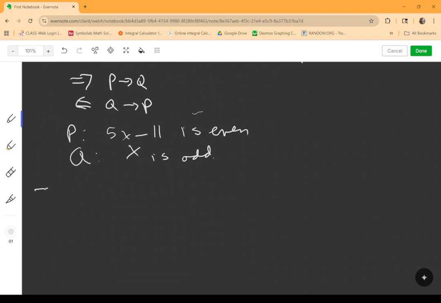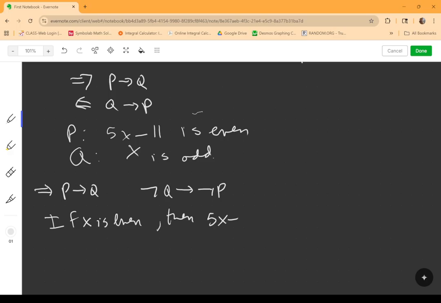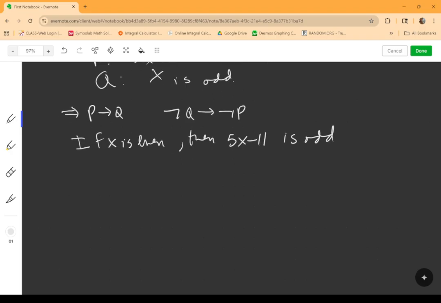For our first direction, P implies Q, the contrapositive is not Q implies not P. In other words, we say if x is even, then 5x minus 11 is odd.